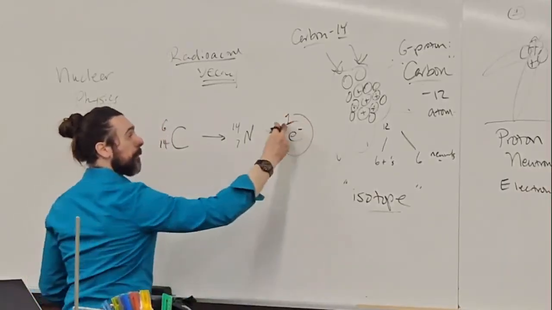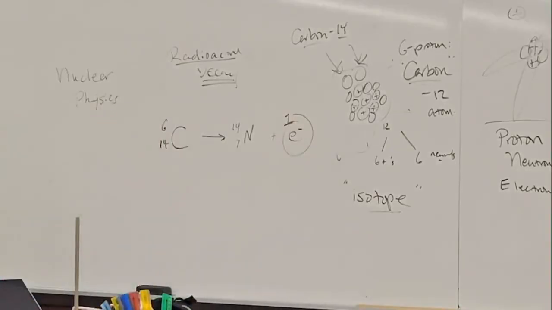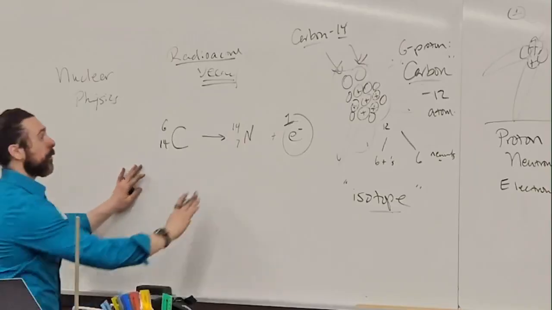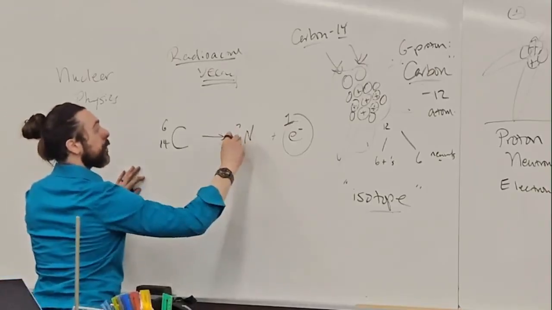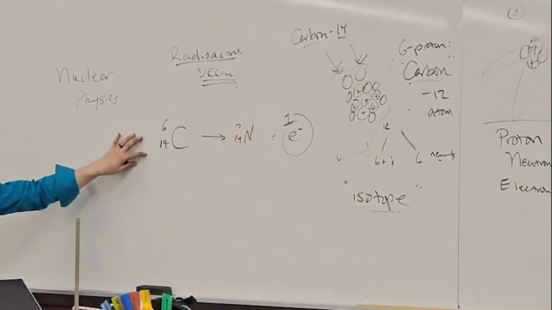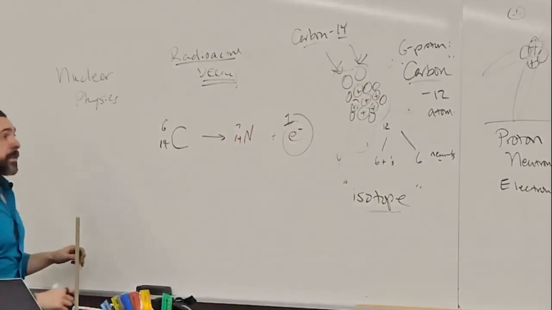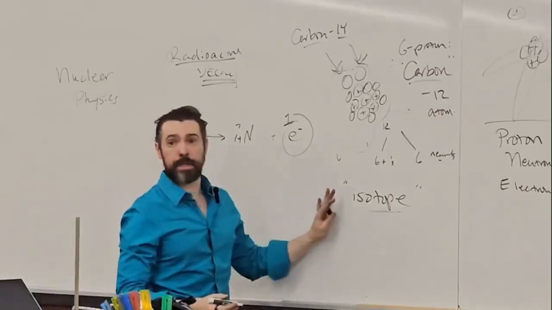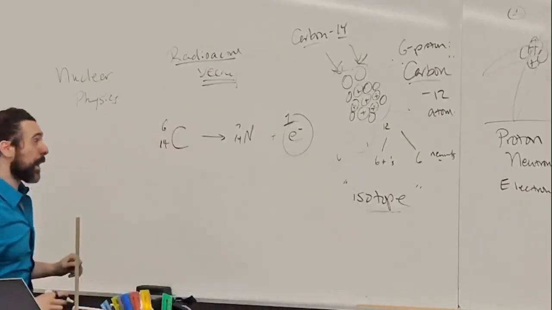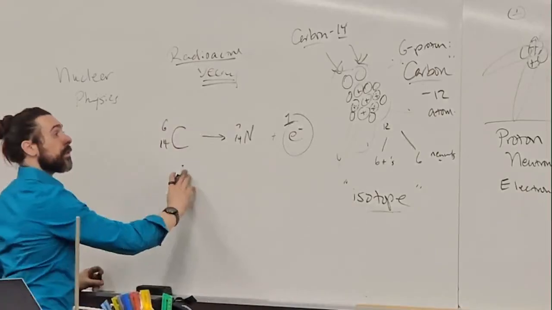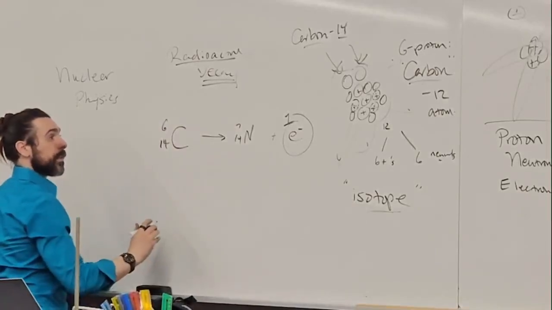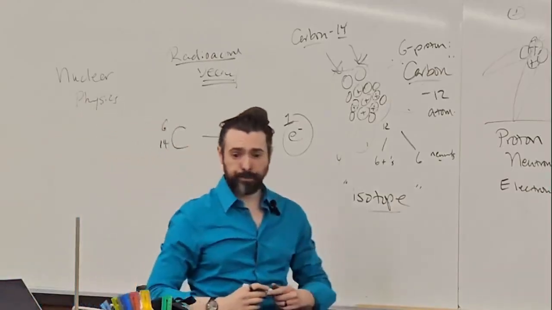This carbon-14 atom doesn't just magically become a carbon-12 because nature likes carbon-12. In this particular reaction that we're studying, it actually turns into a nitrogen and an electron.